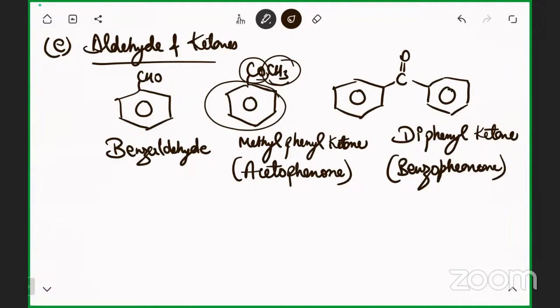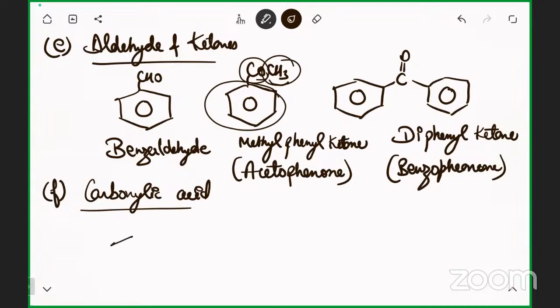Okay, let's move further with F, that is carboxylic acid. There are so many examples.